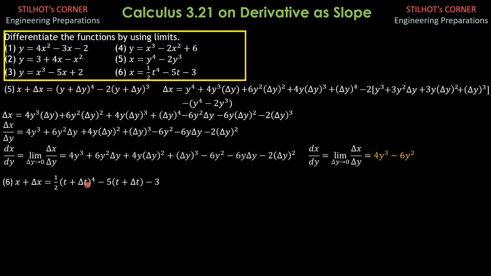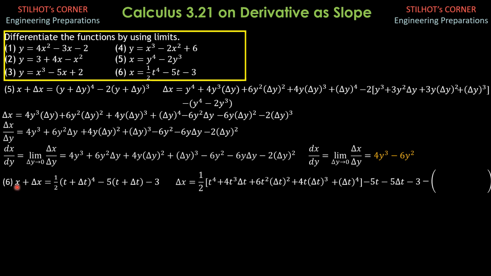So with our experience in expanding t plus delta t to the fourth as above, delta x equals 1/2 of quantity t to the fourth plus 4t cubed delta t plus 6t squared delta t squared plus 4t delta t cubed, then plus delta t to the fourth. Closed. Then minus 5t minus 5 delta t, then minus 3.